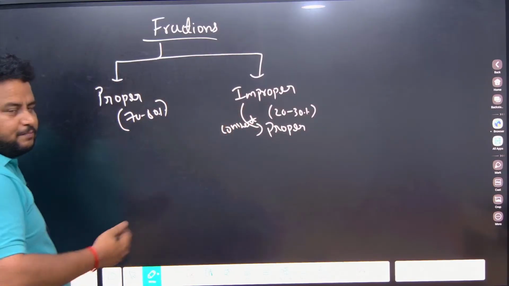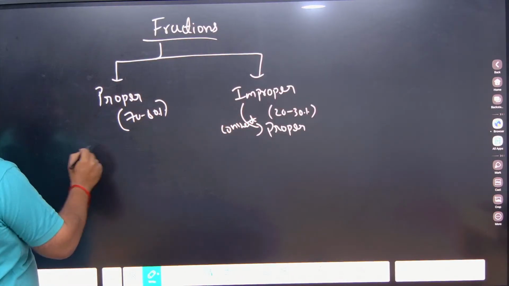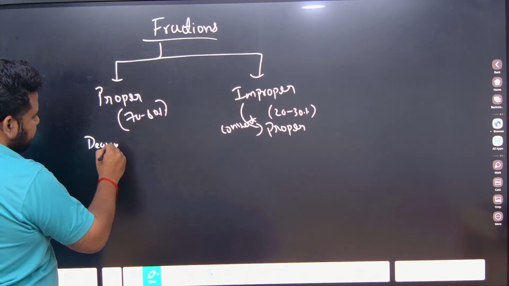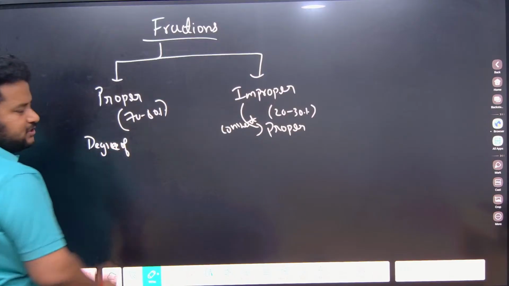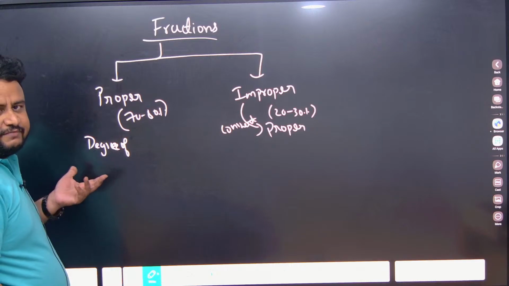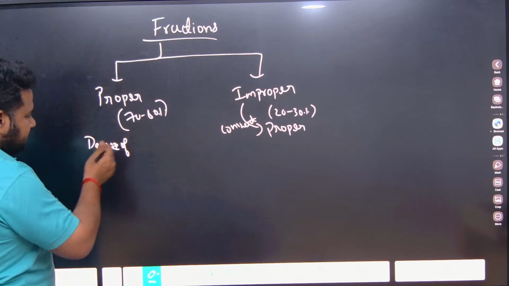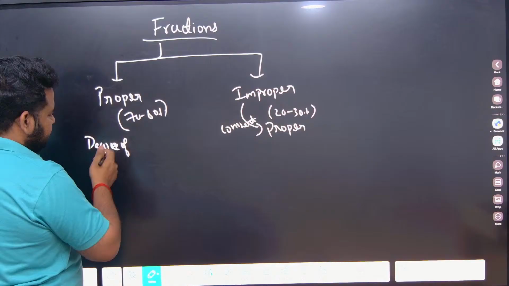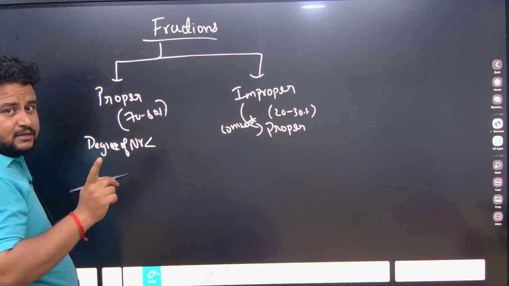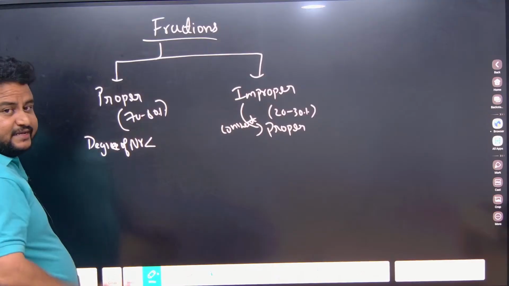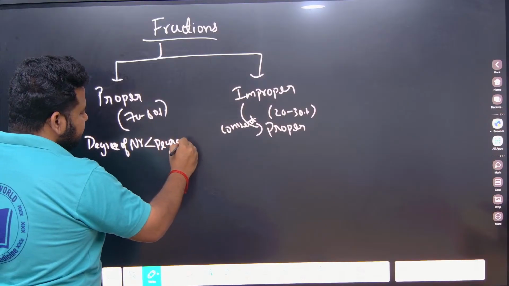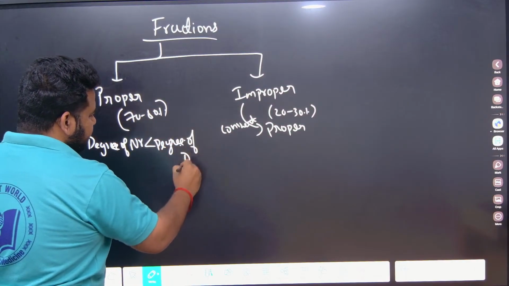But what does proper fraction mean? Proper fraction means the degree of the numerator, where degree is the highest power, the highest exponent, is strictly less than the degree of the denominator. It is not even equal.